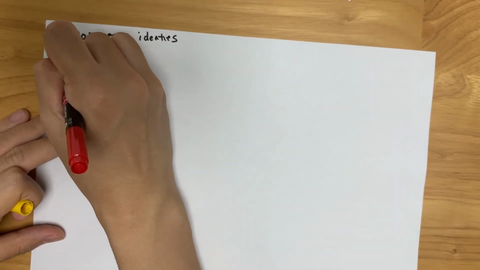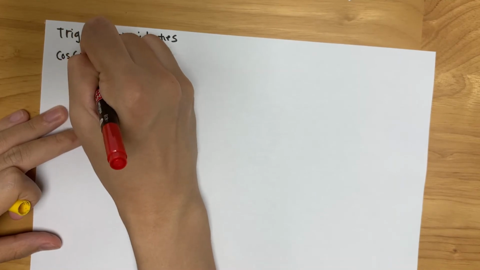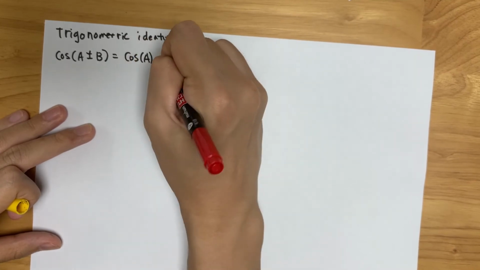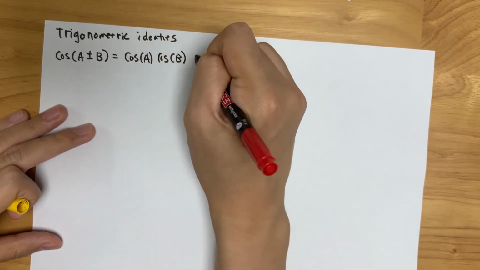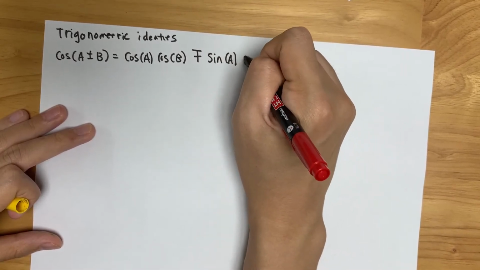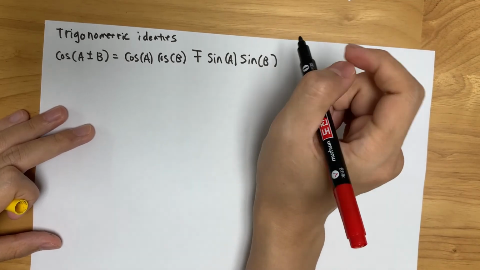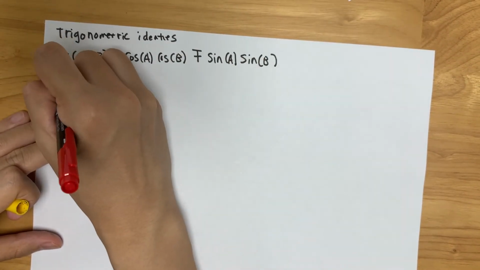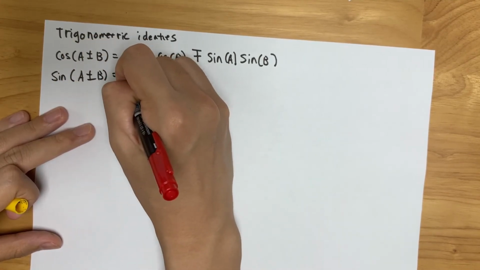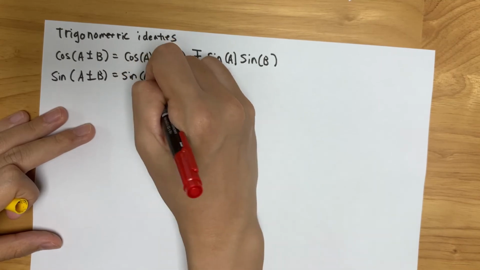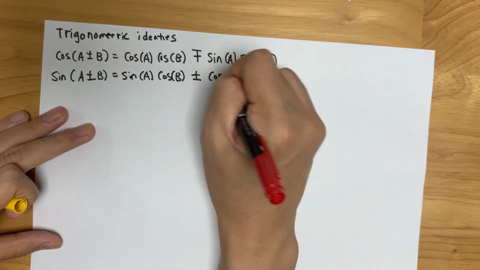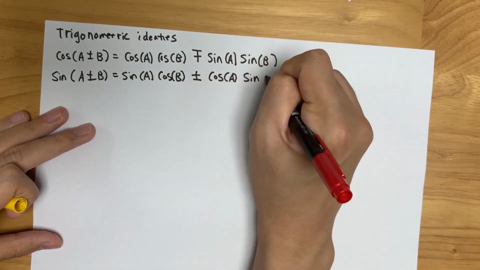And there's a formula called cosine of A plus or minus B, which is equal to cosine A cosine B minus or plus sine A sine B. And there's a formula for sine of A plus B, which equals sine A cosine B plus or minus cosine A sine B.